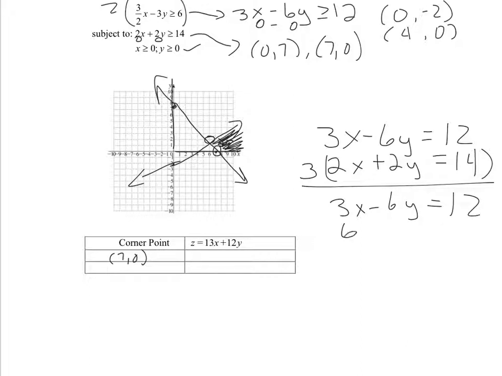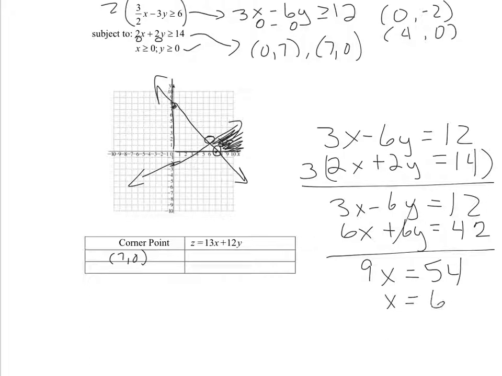Multiplying the bottom equation by 3 gives us 6x plus 6y equals 42. The y's cancel. We had 9x equals 54, so x equals 6. And when x was 6, if you recall, we put it into one of these two equations that we used here, and we discovered that y was 1. And again, you can look at this work back in the earlier lesson if you need to refer to it.